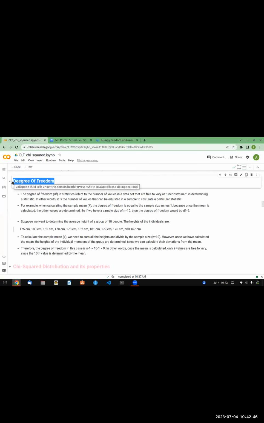I'm not going to give you the book-written explanation here. Just in layman's terms, understand what degree of freedom is. Suppose you have a data variable x which contains 10, 20, 30, 40.